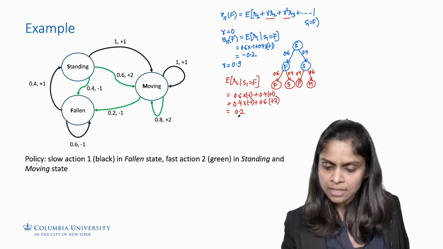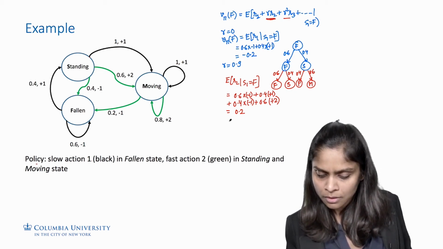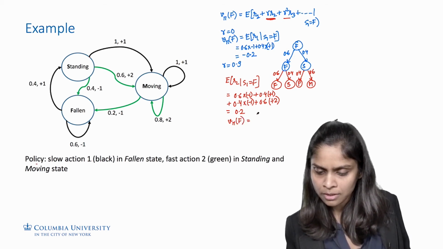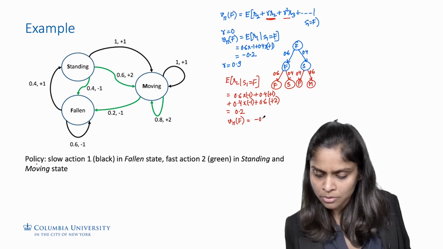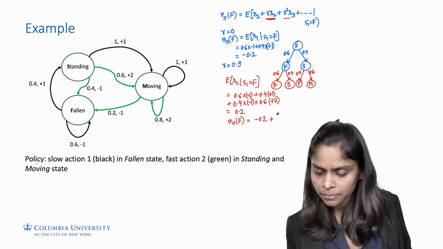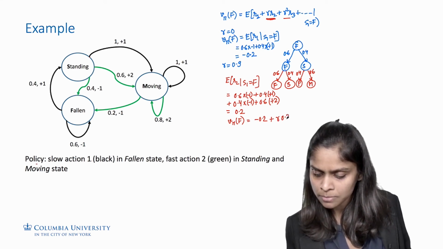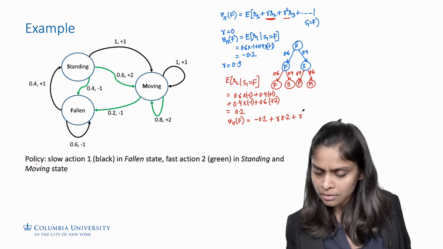So we have the second term in this expression, and the value function can now be written as the first term, which we computed previously as -0.2, plus gamma times the second stage expected reward, which we computed as +0.2, and then further terms 3 and so on.